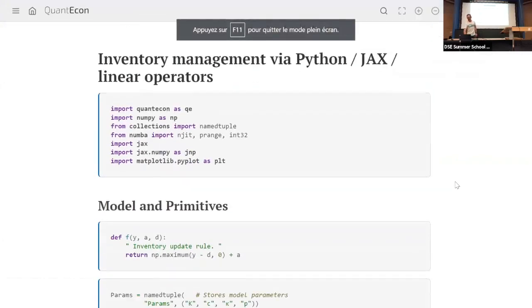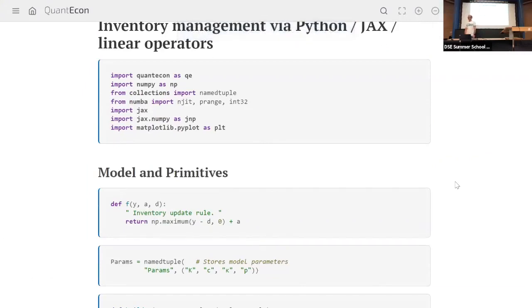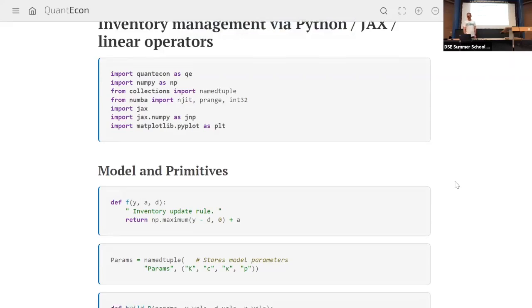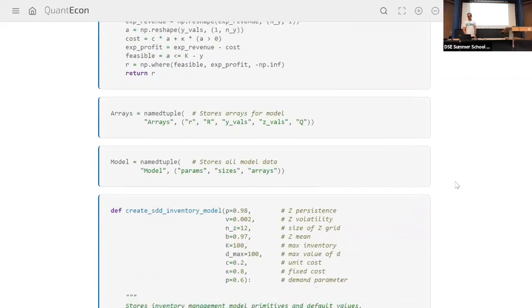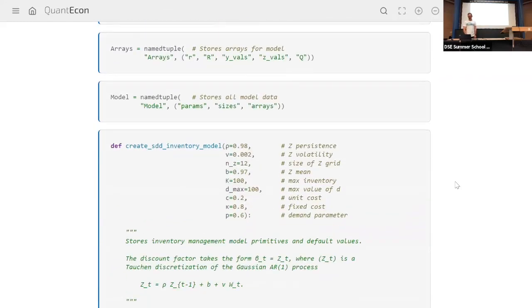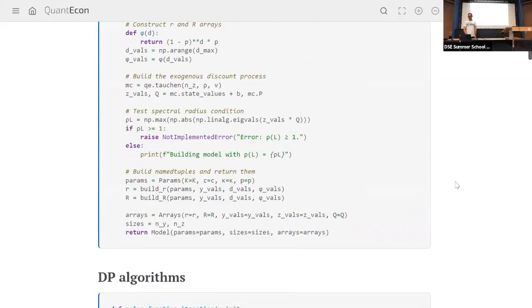Okay, so we're now going to use JAX. I like JAX because it's low-hanging fruit. It's really easy to take something and put it on the GPU. When I hand-coded things to go on the GPU using Numba CUDA, I would think I was really smart and did a really good job.